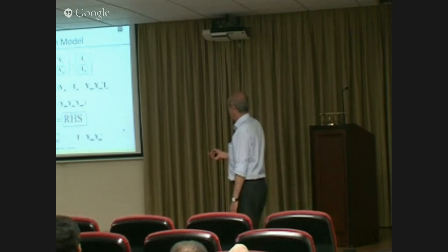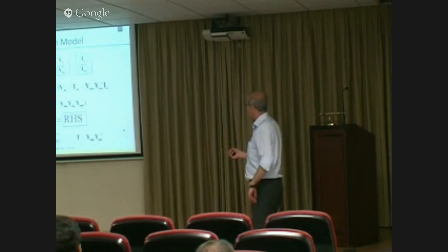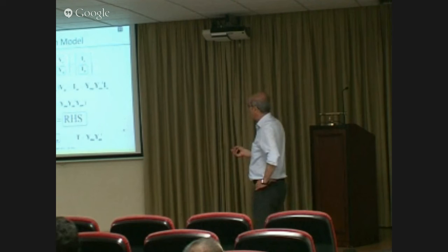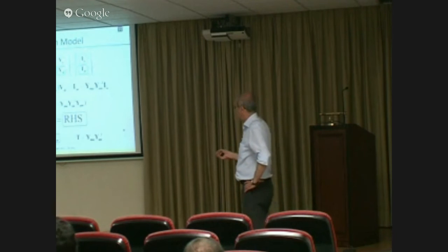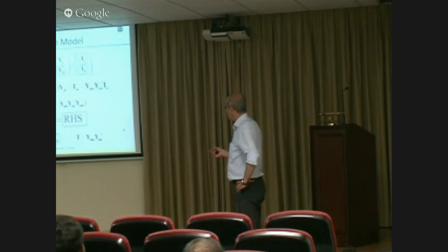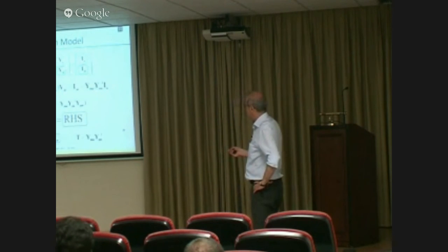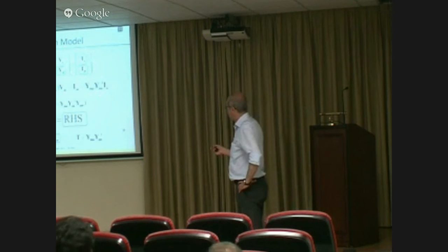And you can see here that we have unmeasured bus voltages, which we don't want. So you can eliminate them again using the Kron reduction. You can come up with this equation where this is gone. This unknown current is on the right-hand side. This is the measured current. This is the measured voltage.